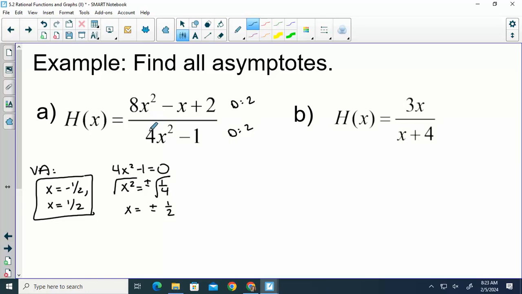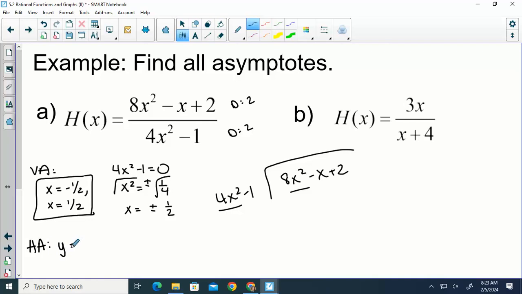Yeah, we divide them. If you didn't remember it, you could always think about it and try to do the division. You would set it up as this one divided by that one. Can you do 8x squared divided by 4x squared? Yeah, what does that give us? 2. So our horizontal is y equals 2.